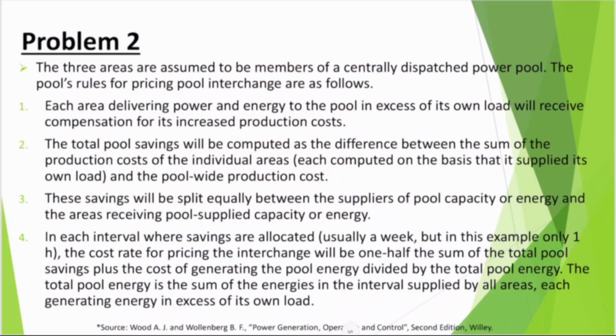In each interval where savings are allocated, usually a week, but in this example only 1 hour is considered, the cost rate for pricing the interchange will be 1/2 the sum of the total pool saving plus the cost of generating the pool energy, divided by the total pool energy. The total pool energy is the sum of these energies in the interval supplied by all the areas, each generating energy in excess of its own load.